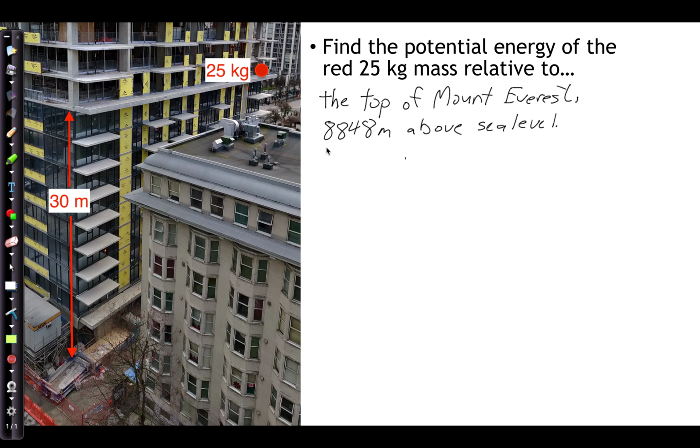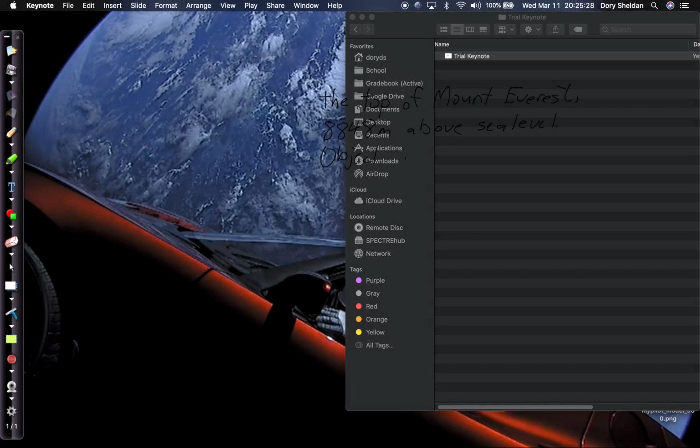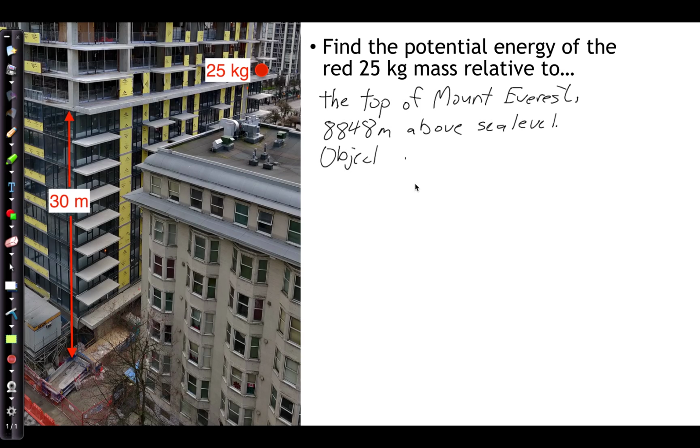And I'll remind you, the object, really, is 80 meters above sea level. Okay, give it a go.